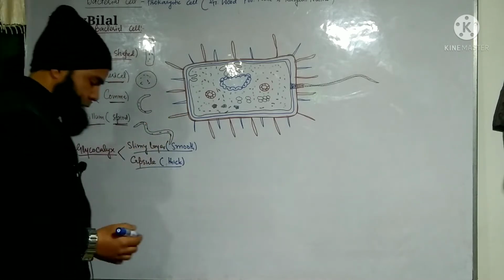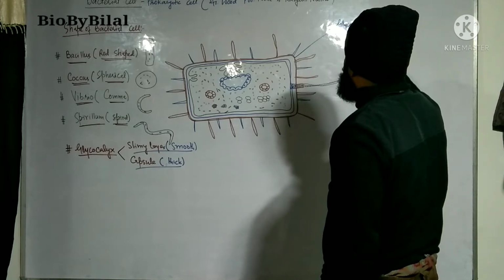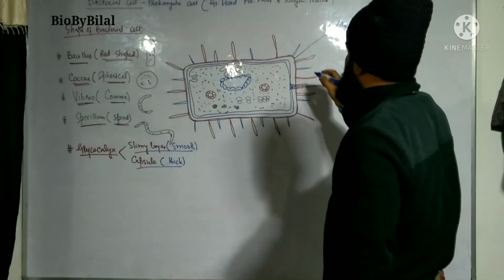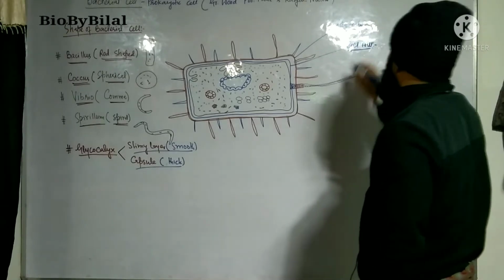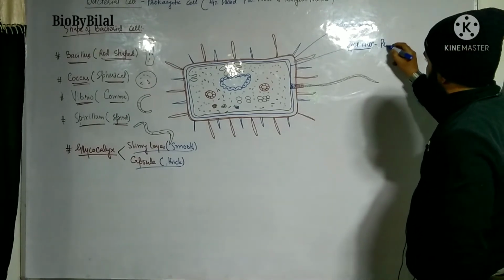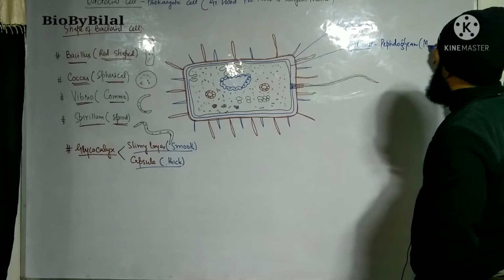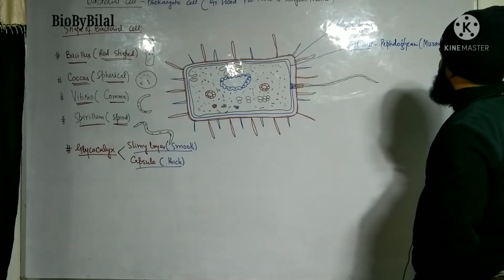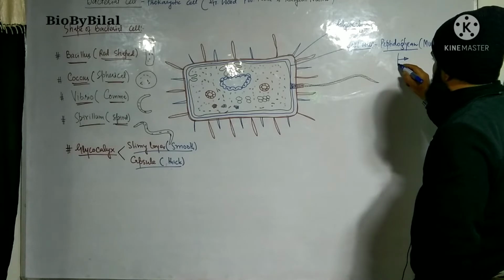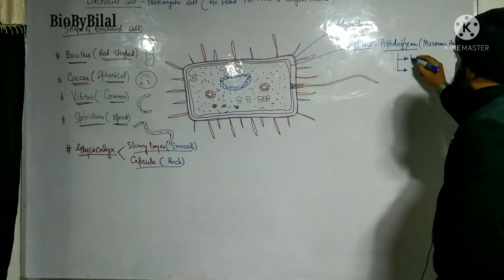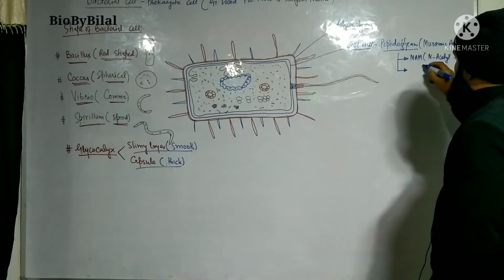Then inner to glycocalyx there is the cell wall. Cell wall of the bacteria is made up of peptidoglycan, that is, muramic acid.